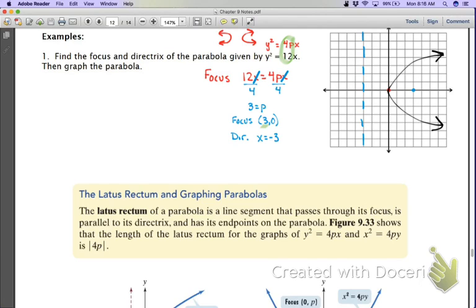Similar to whenever we did the hyperbolas, whenever we did the ellipses and things like that, I'm not worried so much about how the graph looks as I am about, do you have the focus point right, and do you have the directrix, basically that imaginary axis, in the right spot. Other than that, if your graph isn't completely perfect, that'll be okay.